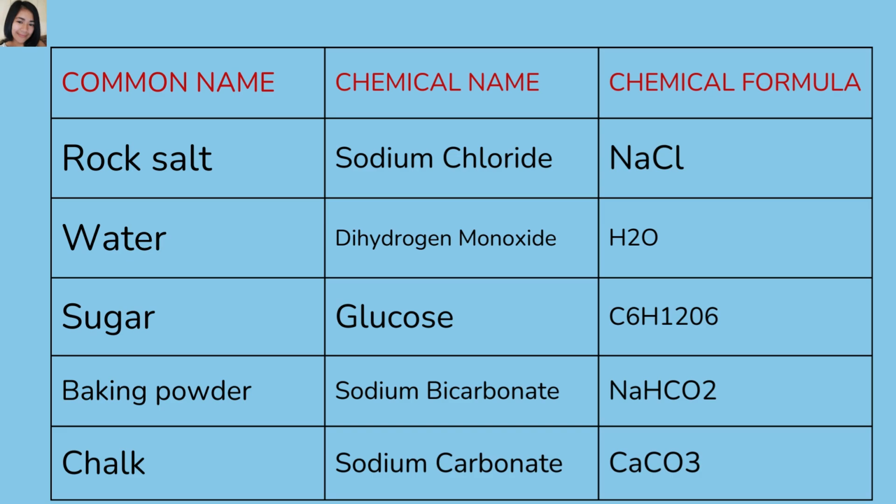Ito pa, example pa natin yung NaCl. Yung Na isang element yan, and for Cl, another element. Kaya ganyan yung pagkasulat ng kanyang chemical formula. Okay, so I hope you understand and thank you for listening.